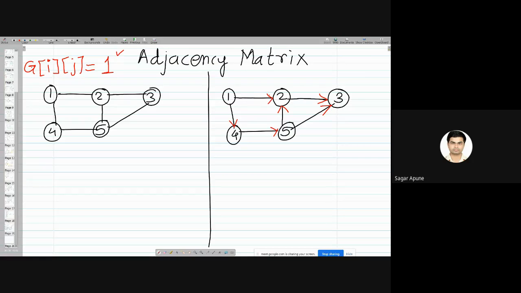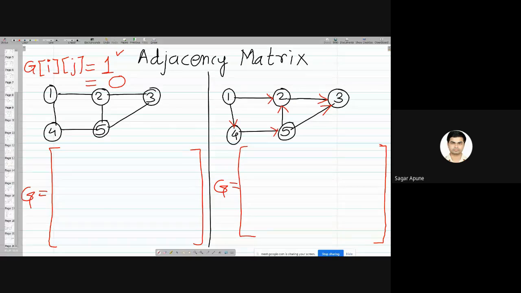If there is no edge between vertex I and J, we put 0 for that. It is very simple. My matrix name is G, equal to matrix with square brackets.